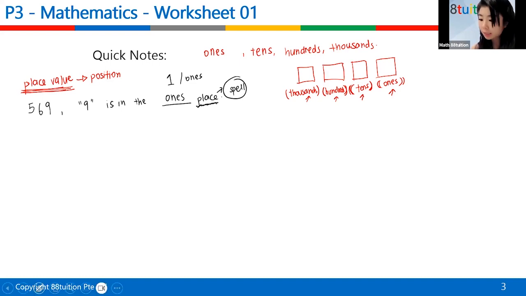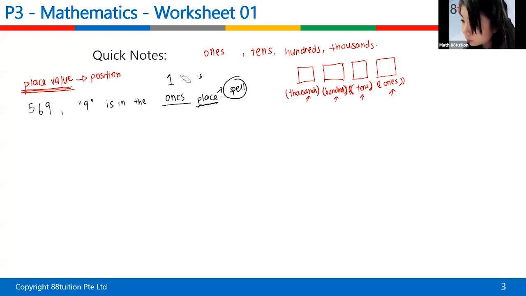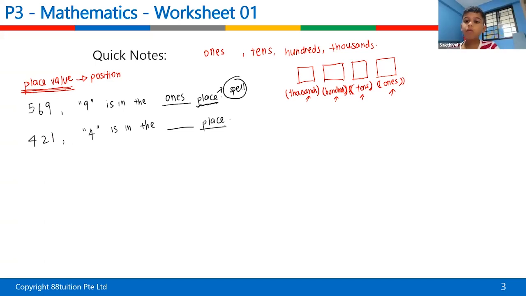Okay, Sakti, now you help me with the next one. The next example I have is 421. The number 4 is in the which place? The number 4 is in the hundreds place. How do I write out the answer?